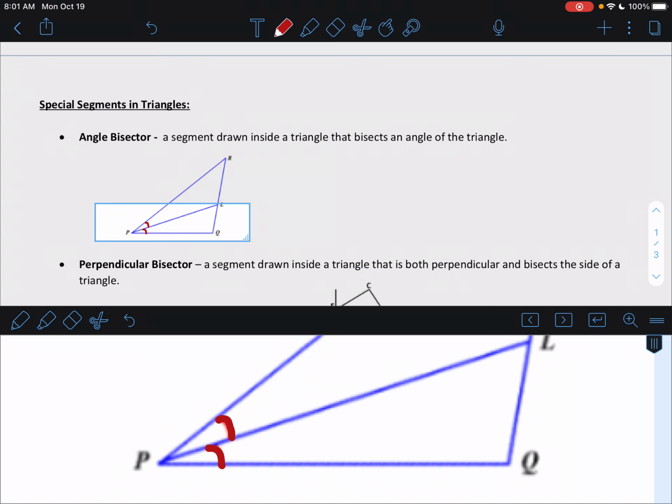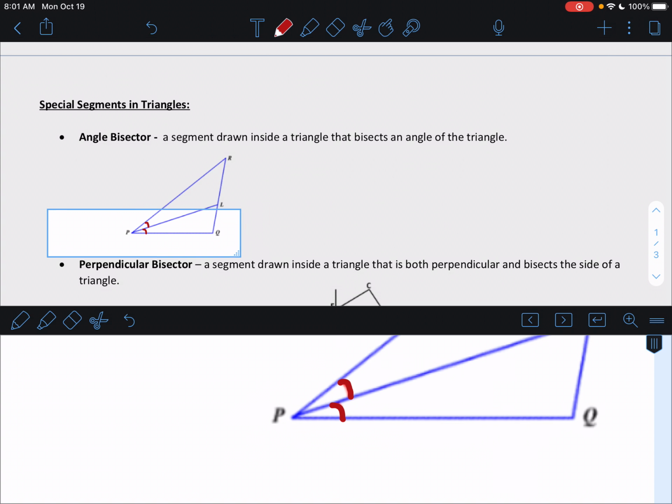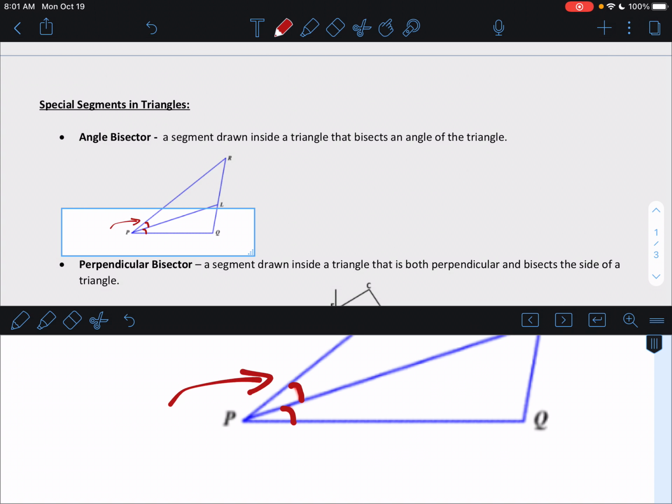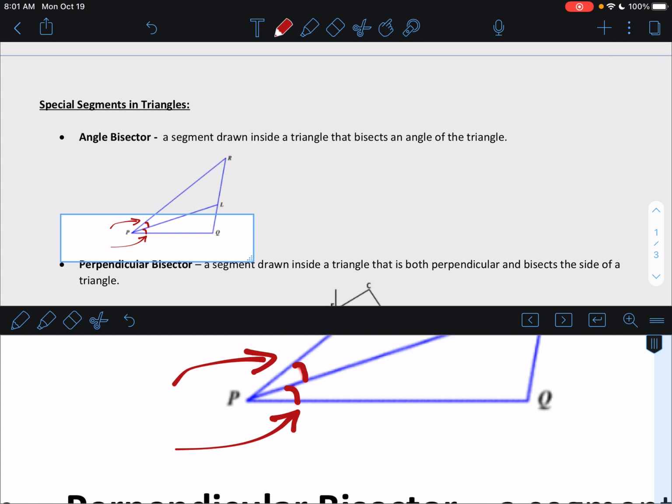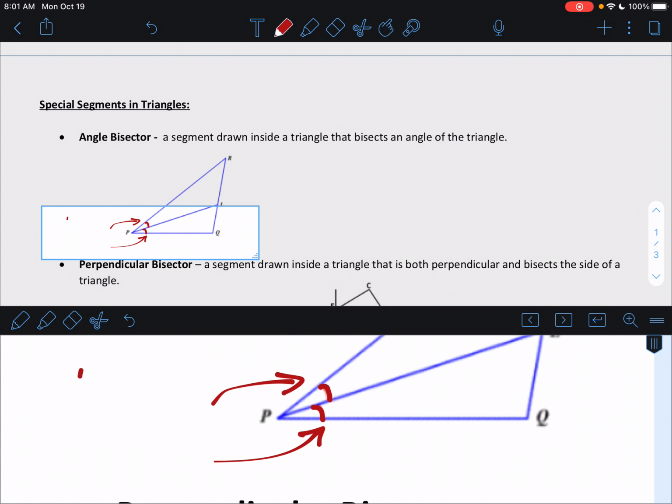To identify angle bisectors, the giveaway is just the congruency marks. So we're going to look for these.